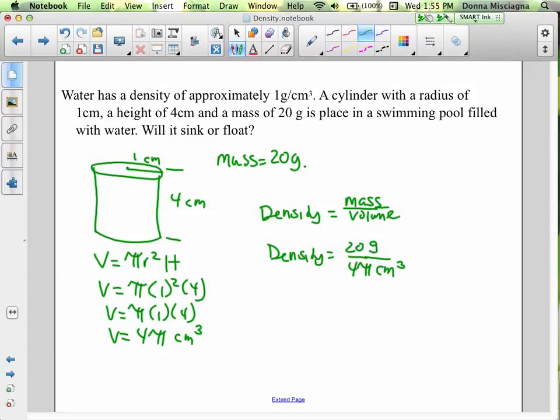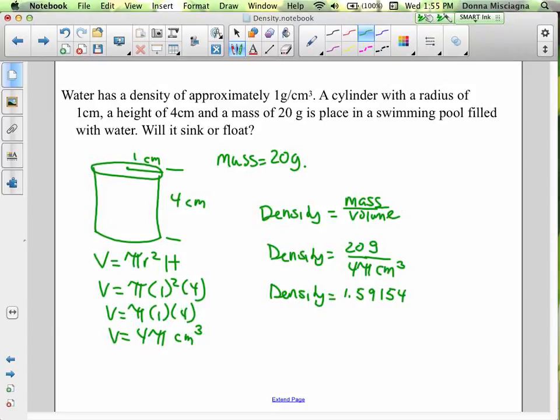All right, so in your calculator, divide 20 by 4 pi. Can you say that one more time? 1.59154.